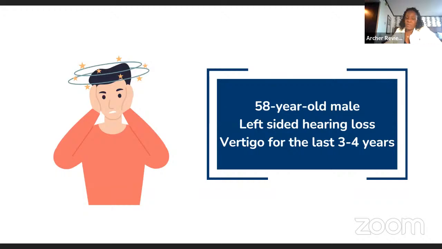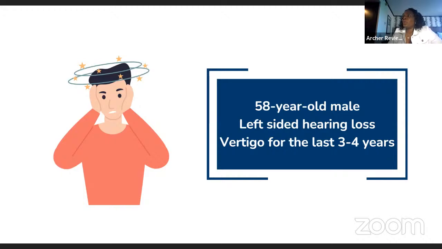You have to look at the demographics of the patient when you're looking at your exam. In this particular case, acoustic neuromas are most common in the Asian population, with patients between the ages of 50 to 60.